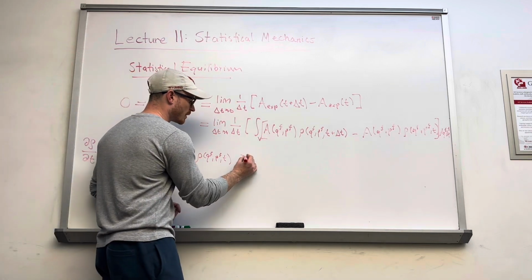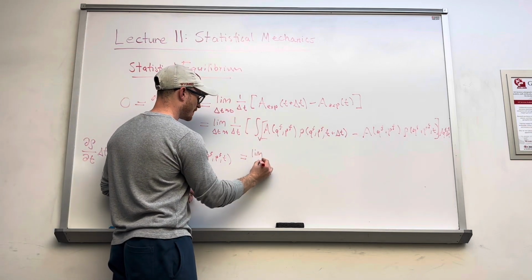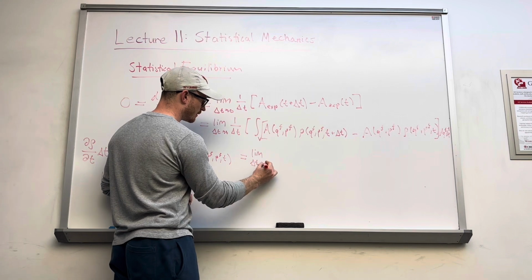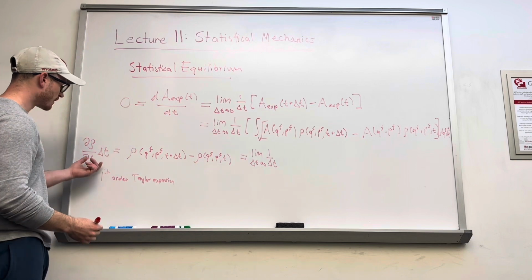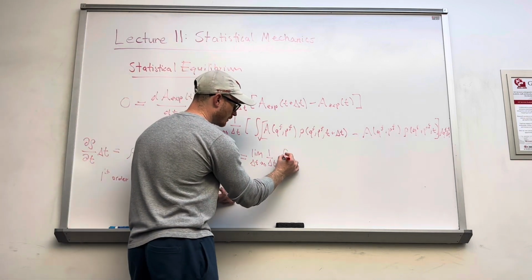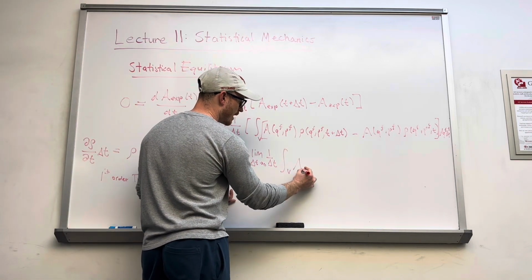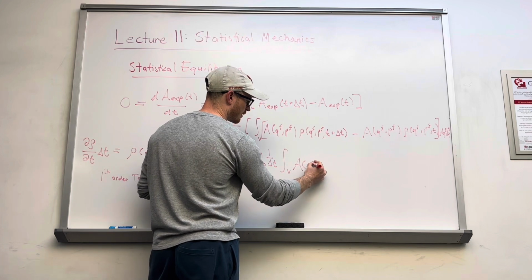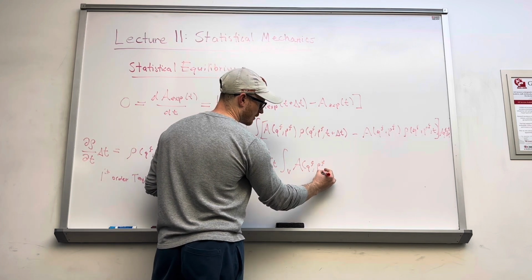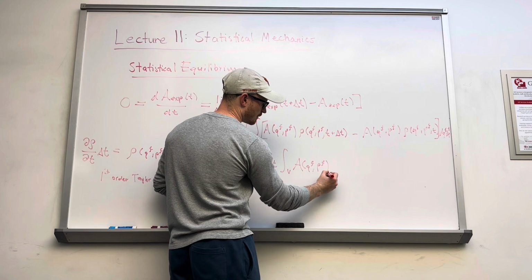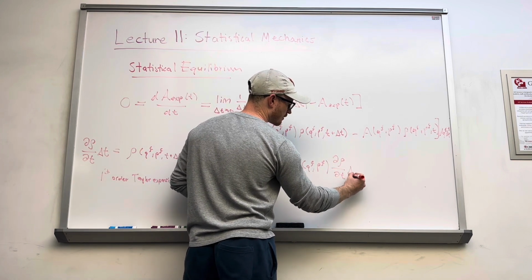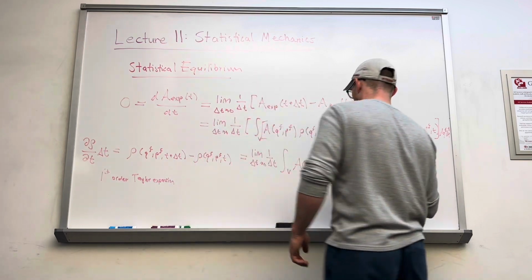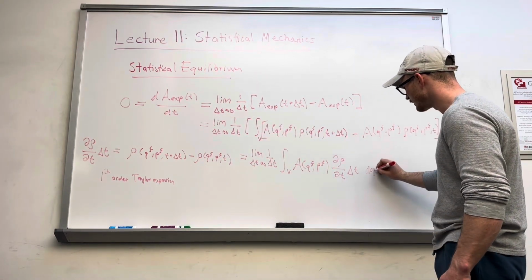Well, that means our equation now becomes the limit as delta t goes to 0 of 1 over delta t times the integral of A times this derivative integrated over the entire space.